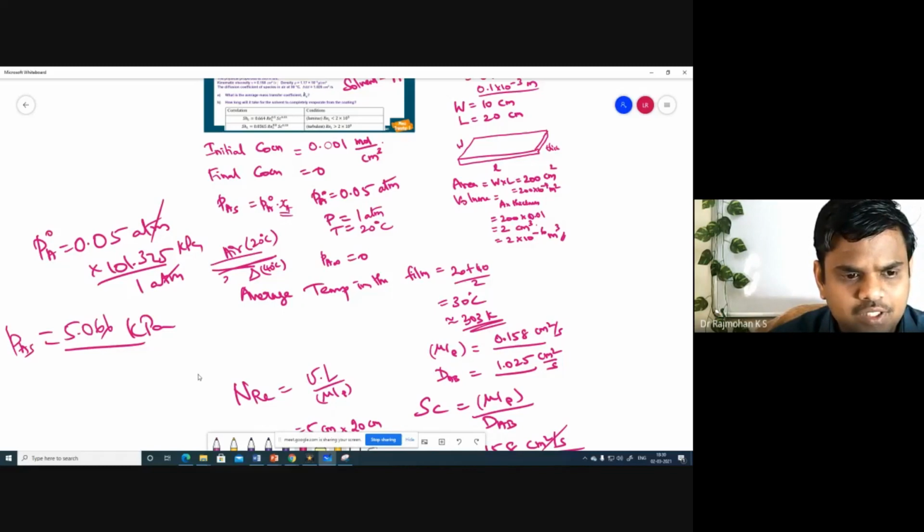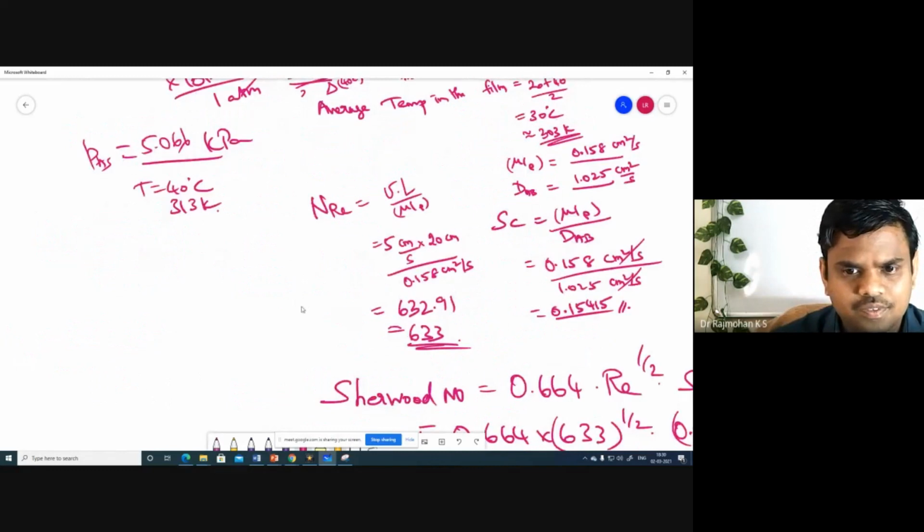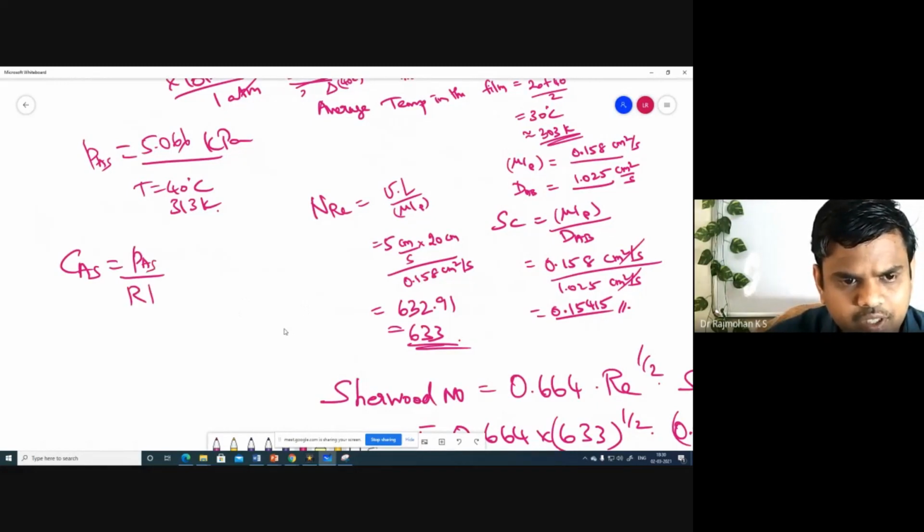And what is the temperature there? Temperature is 40 degrees Celsius, that is 313 Kelvin. So PAS by RT gives us CAS. CAS equal to PAS by RT.